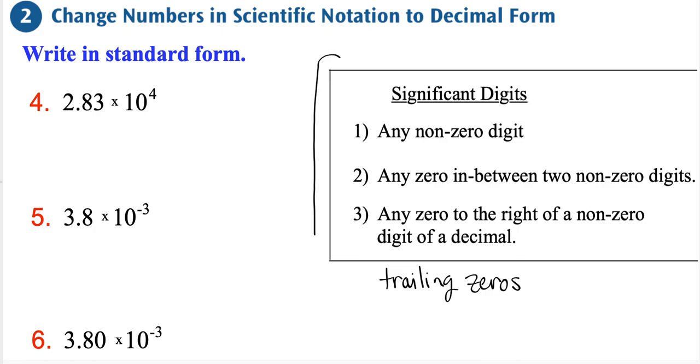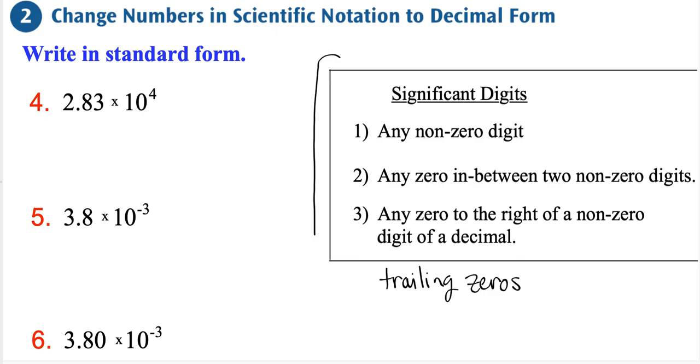So with number 6, if I'm looking at rule number 1, that 0 would not count because that's not a non-zero digit. Also, rule number 2 would not count because that's not between 2 non-zero digits, okay? That is all the way to the right of the decimal, so that brings in rule number 3. So this would have 3 significant figures, all right?